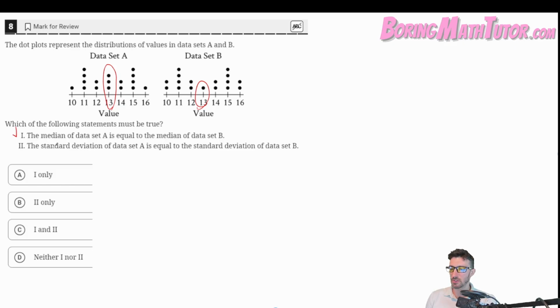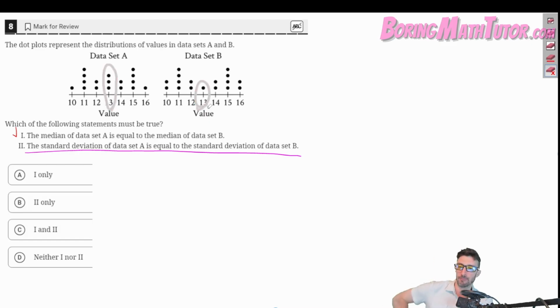But when it comes to the standard deviation, what you're looking at is how far things are spread out about the mean. And the mean, because both of these are symmetric, is going to be the same thing as the median. So now we just want to ask ourselves, which one is more spread out about 13?